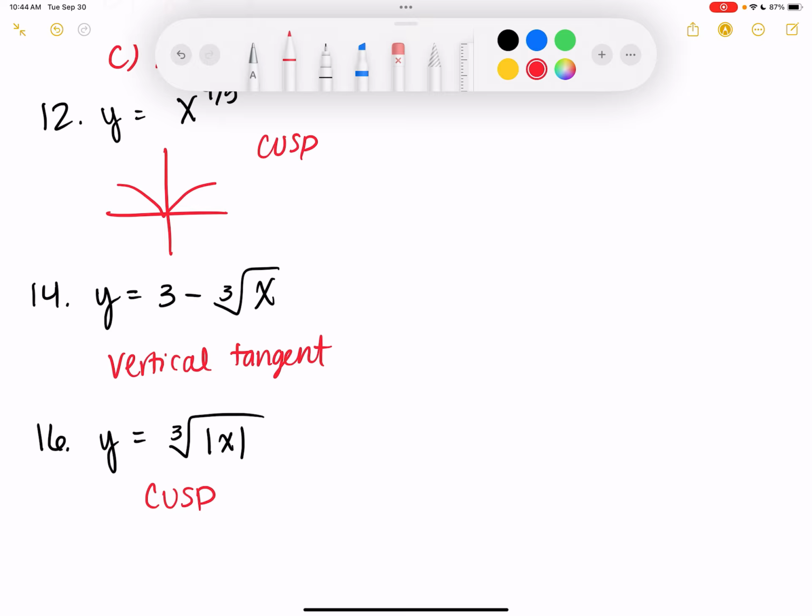There shouldn't be any values that are causing an issue, so I'm wondering if it's just coming straight down over the x-axis.